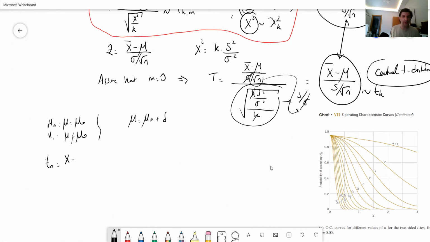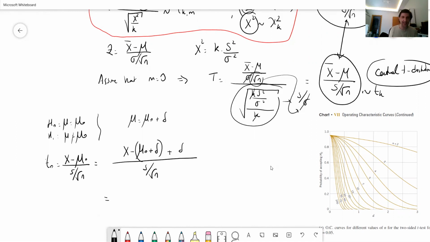The way that we are going to conduct it is in this manner, with mu 0. But actually, the other guy knows that this is x bar minus mu 0 plus delta, plus delta, divided by s over square root of n.